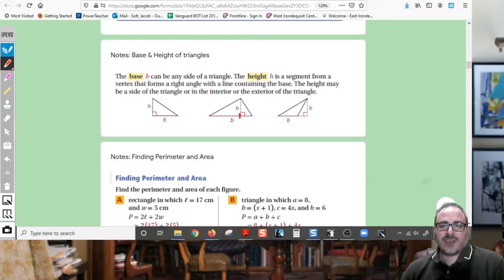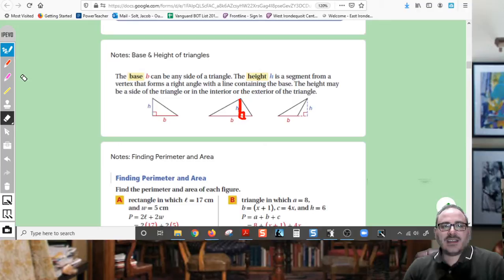If the triangle looks like this, that's pretty easy to do because you just find the segment that goes down directly to the base and intersects at a right angle. But what if you get a situation where the base doesn't intersect with a vertex at a right angle? Well, what you've got to do is extend an imaginary line out.